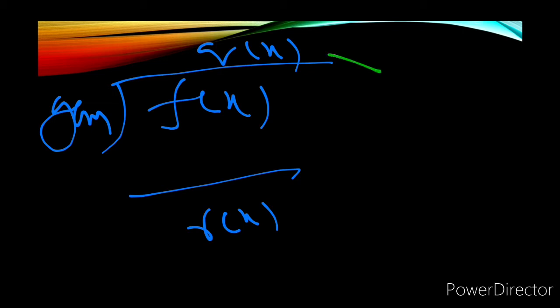Here the new polynomial q of x is called quotient and r of x is called a remainder.